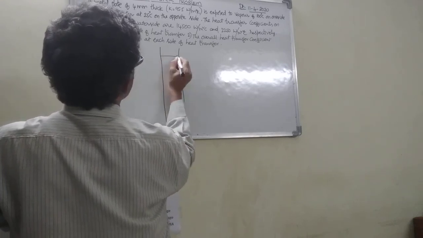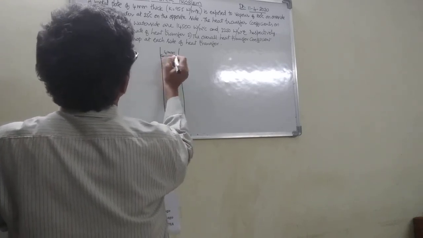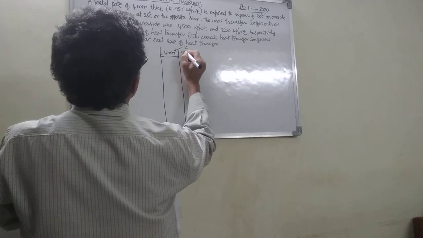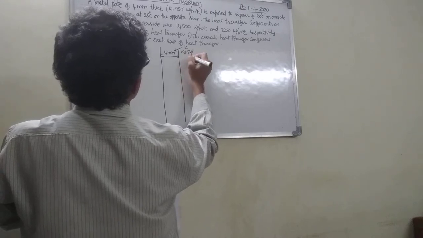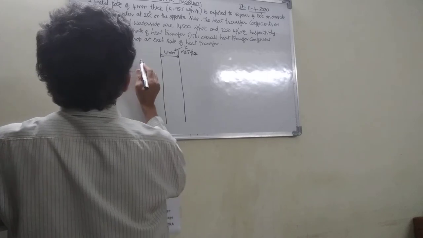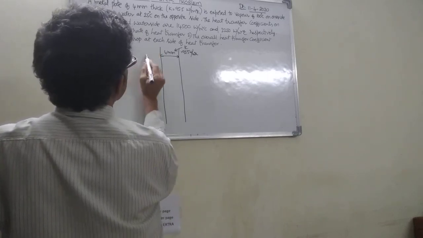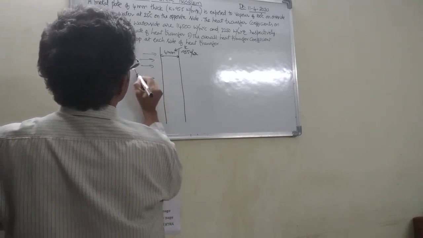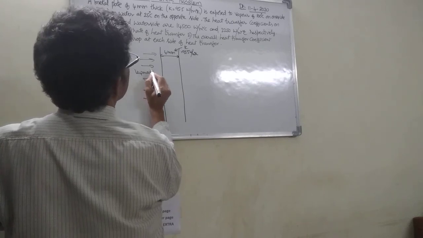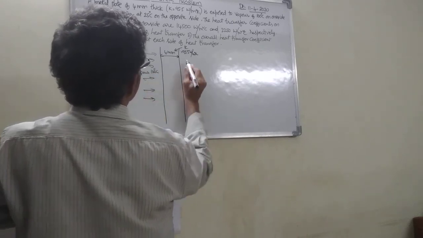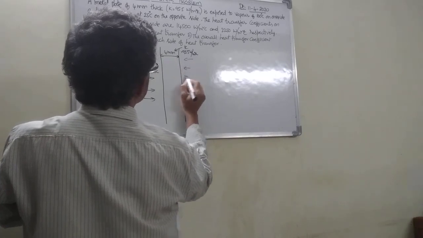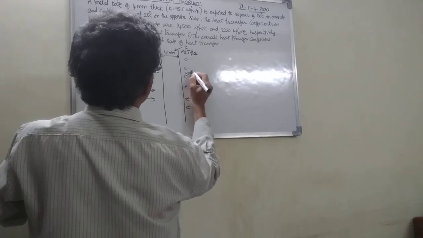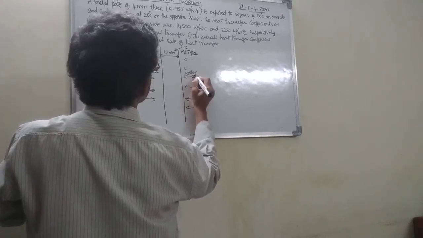This 4 mm thick plate has thermal conductivity K equal to 95.5 watts per meter degree Kelvin, and one side of the plate is exposed to vapor, which is at 100 degrees centigrade, and the other side of this plate is exposed to cool water, that is water at 25 degrees centigrade.